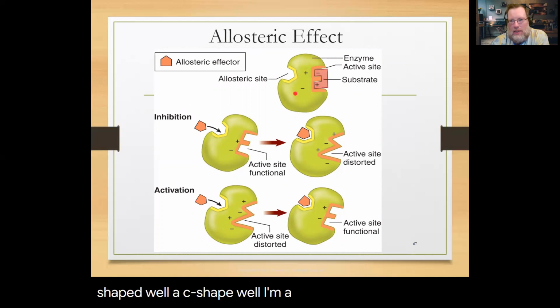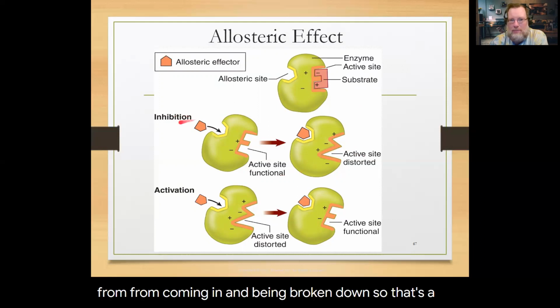Well, I may need to make this enzyme inactive under certain conditions. So there's what they call an allosteric effector, a protein of some sort that's going to come in and plug in and cause this active site to change. So allosteric causes a change in shape of the receptor site. That's going to prevent this substrate from coming in and being broken down.